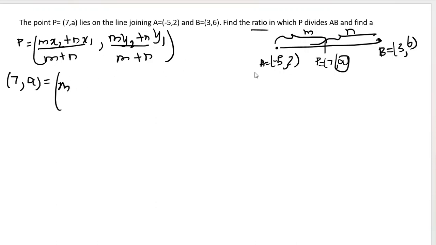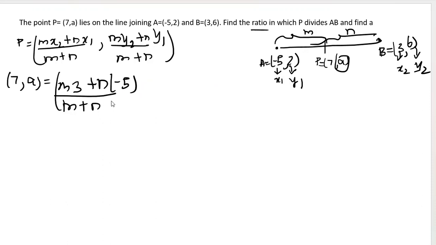Point A gives x1 and y1, and point B gives x2 and y2. So x2 becomes 3m, x1 becomes minus 5n, all upon m plus n, and y2 becomes 6m, y1 becomes 2n, upon m plus n.